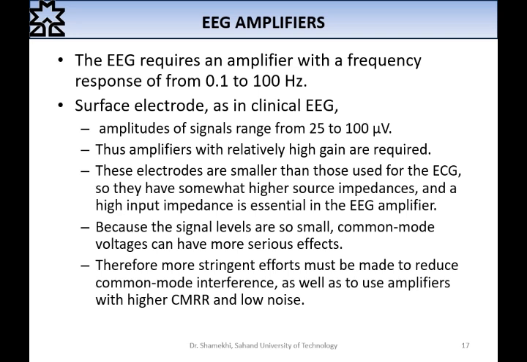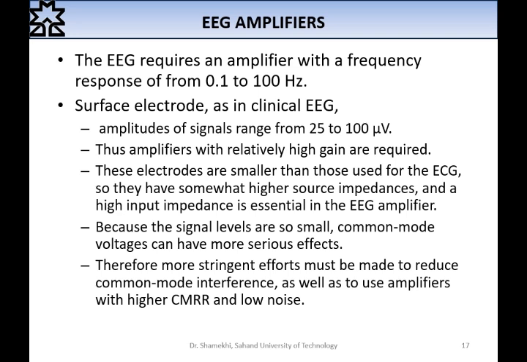Surface electrode, as in clinical EEG, when you go to a physician in clinical position, they will use surface electrode. And in this situation, amplitudes of signals range from 25 to 100 microvolt. Thus, amplifiers with relatively high gain are required.